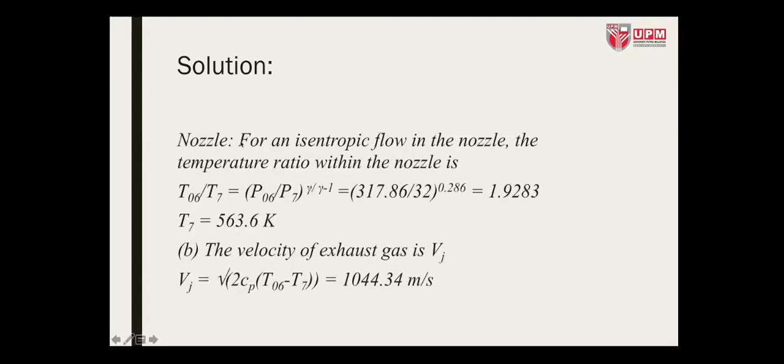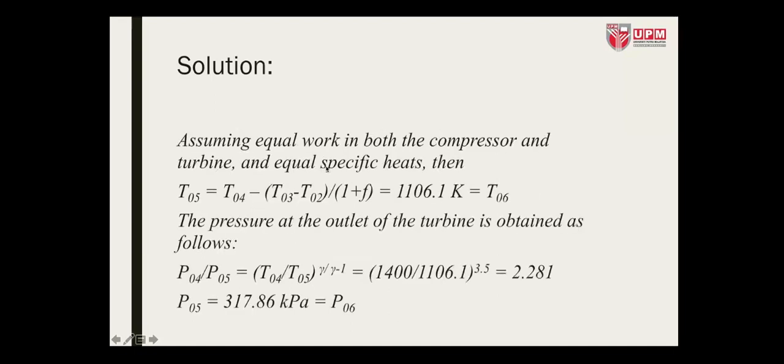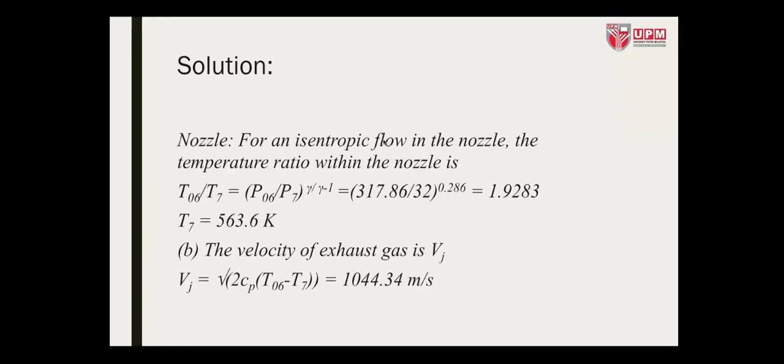At the nozzle, for an isentropic flow in the nozzle, the temperature ratio within the nozzle, TO6 over T7, is equal to PO6 over P7 to the power of gamma over gamma minus 1.